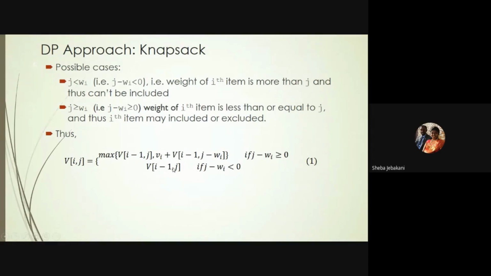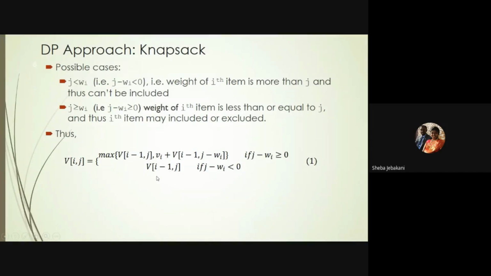Now, if I don't include the ith item, my j will remain as it is. If my j was 2, and say Wi is 4, I am not including the ith item, then j will remain as 2 itself. It doesn't change. So it will be whatever value I had previously when I had selected the previous element.